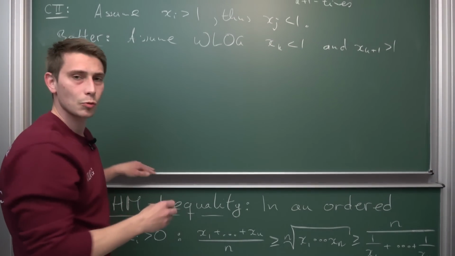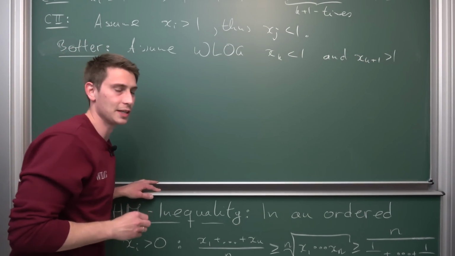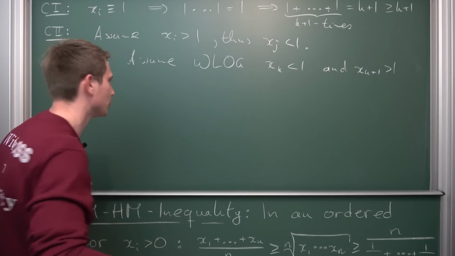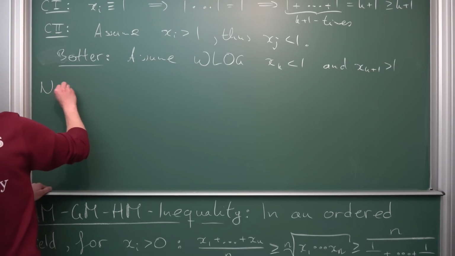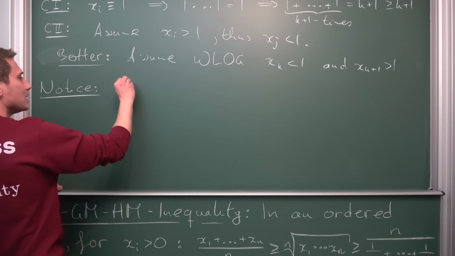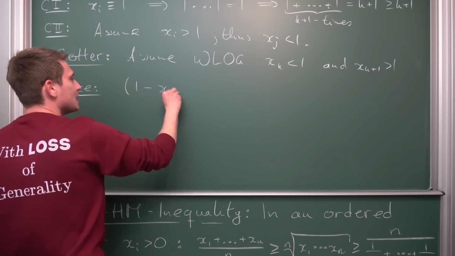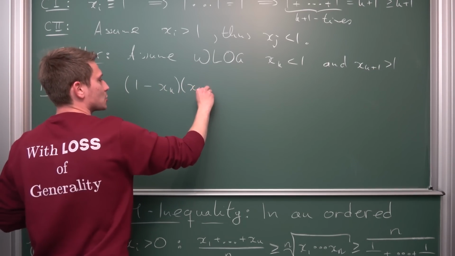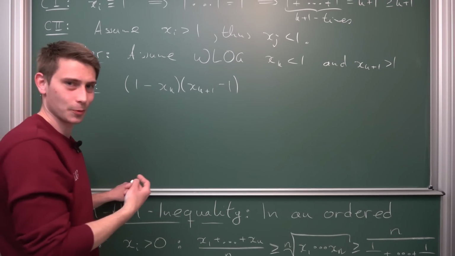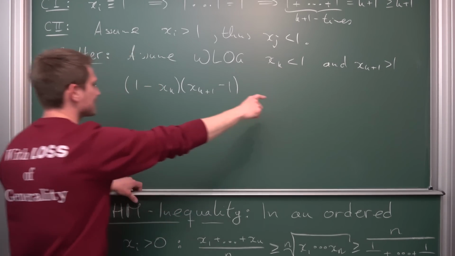Now that we got this, we are going to notice something, and this is one of the analysis things that you would never notice in a normal case unless your lecturer tells you about it. Namely, what about 1 minus xk multiplied together with xk plus 1 minus 1? Well, this is actually pretty good, because xk is less than 1.